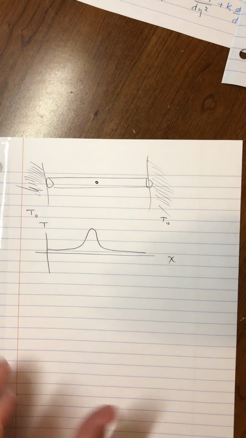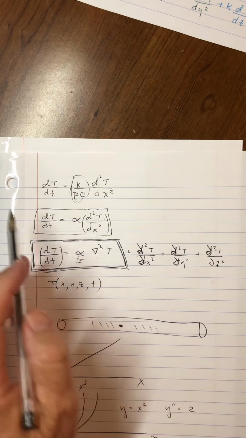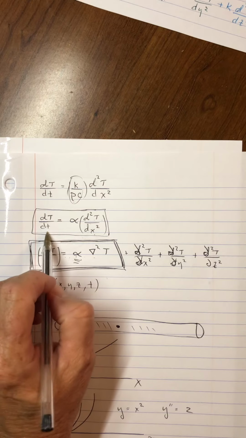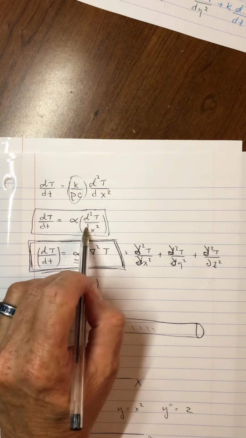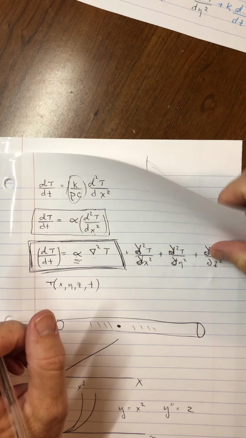Oh, what will happen? Well, this equation is saying that the rate at which its temperature changes is related to how much bending is going on, how much curvature there is.